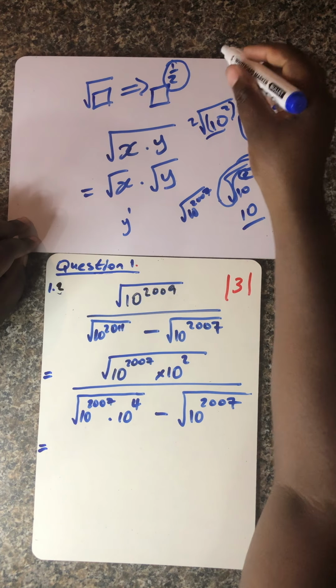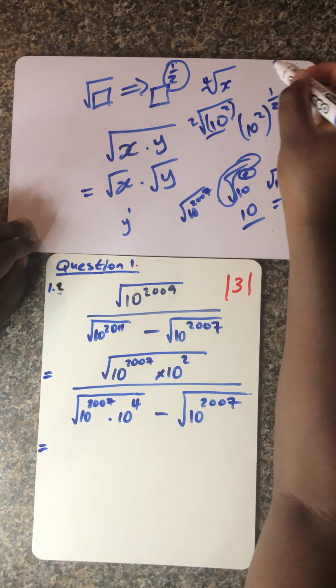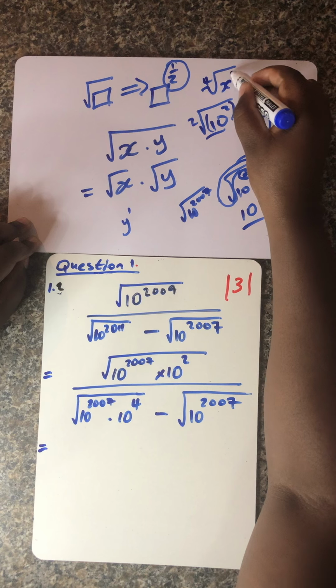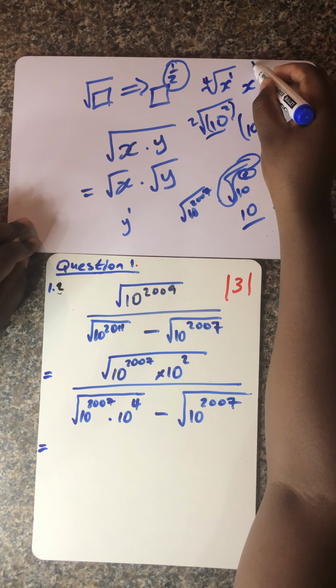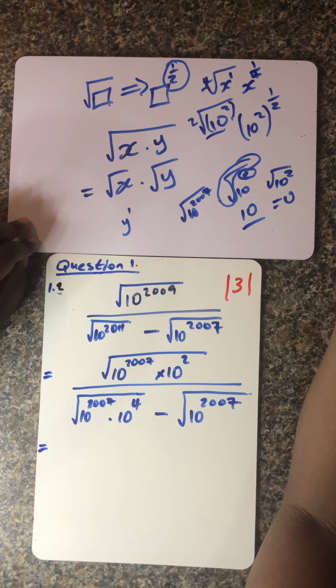Okay, so that means if you have the 4th root of x, for example, this thing is the same as x to the exponent 1 over 4. Remember, there's a 1 there, then this is that 1 over 4, which is that 4 over there.